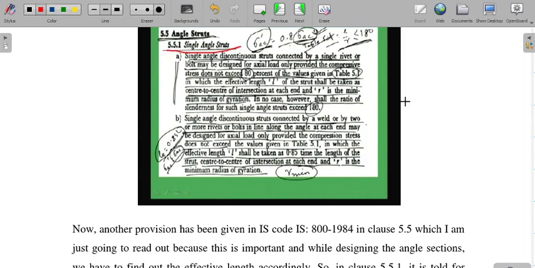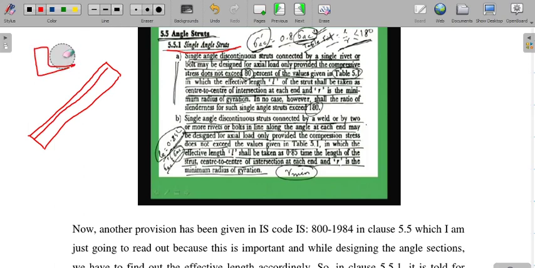Single angle discontinuous strut means the angle is discontinued after the connection; it is not continued. Let us say this is a single angle discontinuous strut. If you see the section, the section is like that. This is a single angle strut.